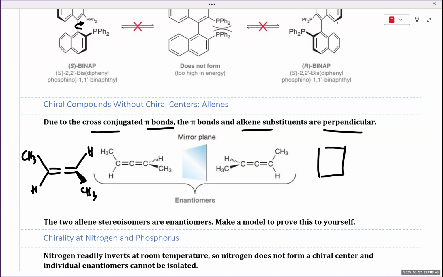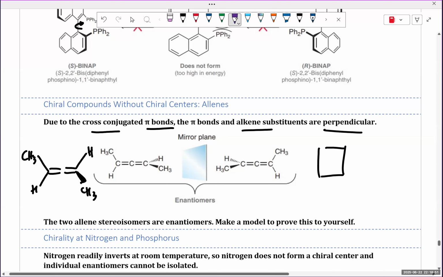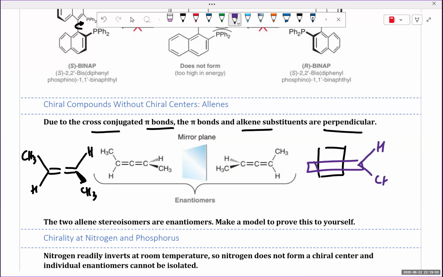You can think of it almost like you have a vertical plate for one of your substituents and a horizontal plate for your other substituents. So these two allene stereoisomers would be enantiomers, and you can prove this by making a model.